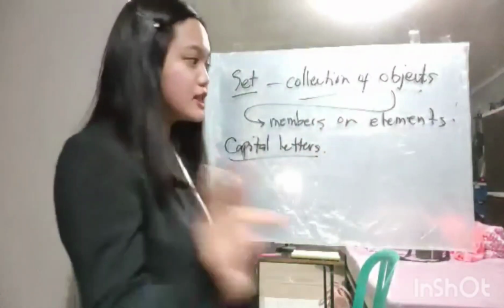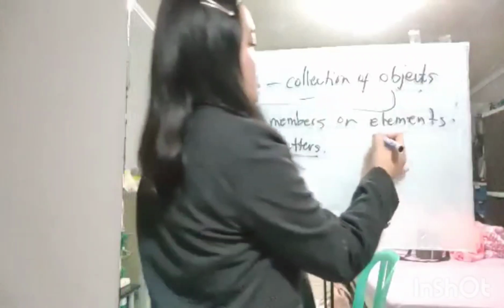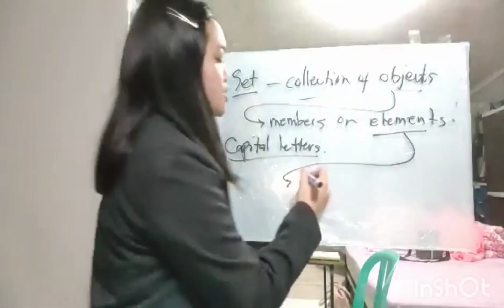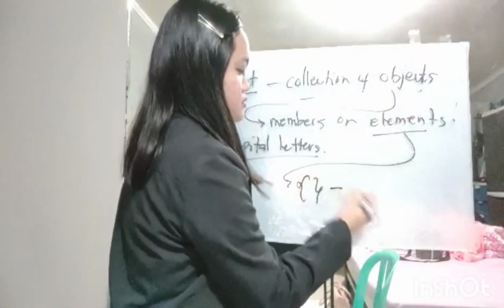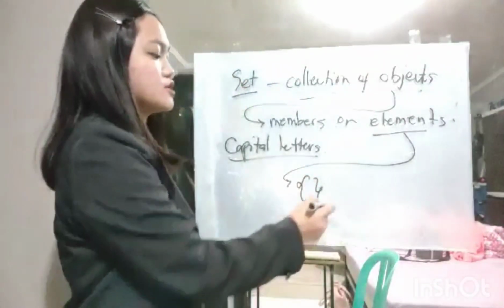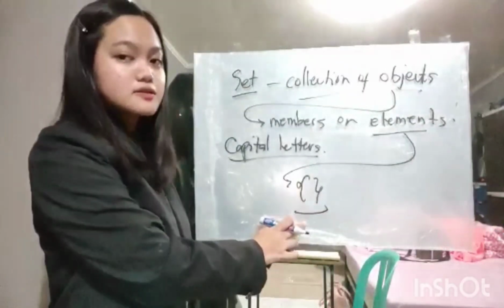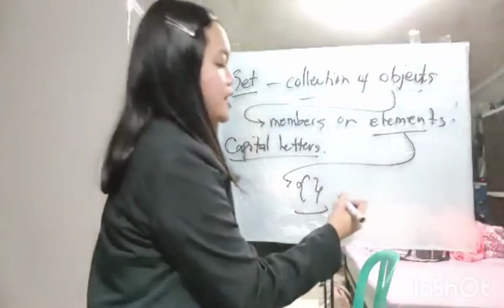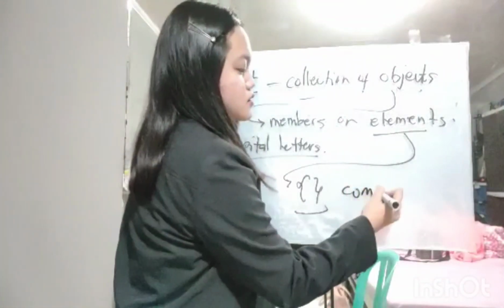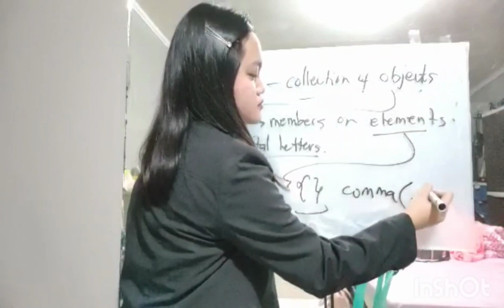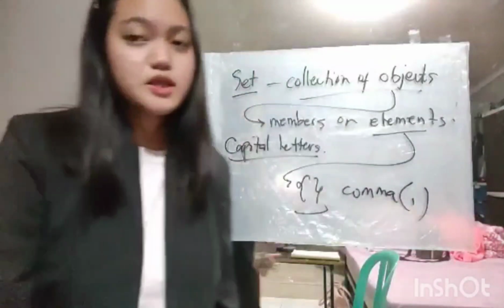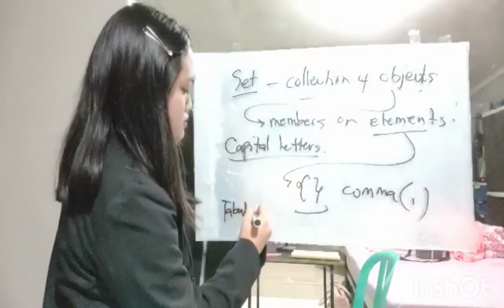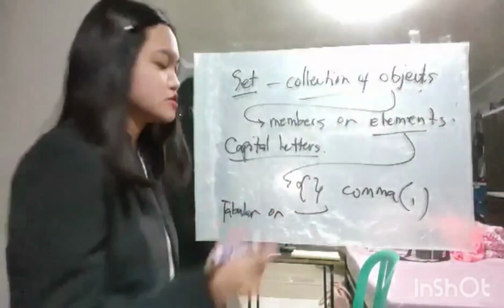The elements of a set can be written between curly brackets and should be separated by a comma. This representation is called tabular or roster form.